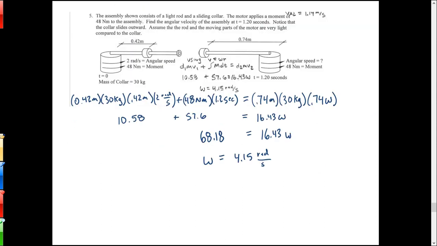Good. Got a little fancier one here, just a motor rotating, throwing a mass to the outside as it rotates like it would. We've got a motor introduces 48 Newton meters, so your impulse would be that moment.